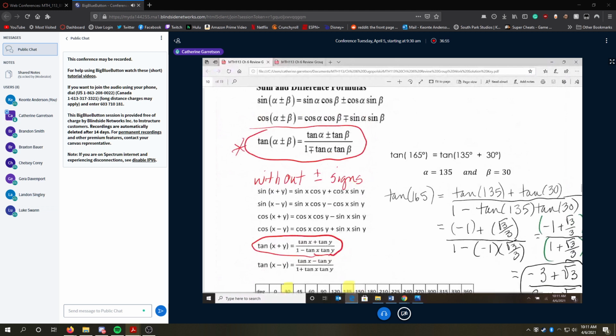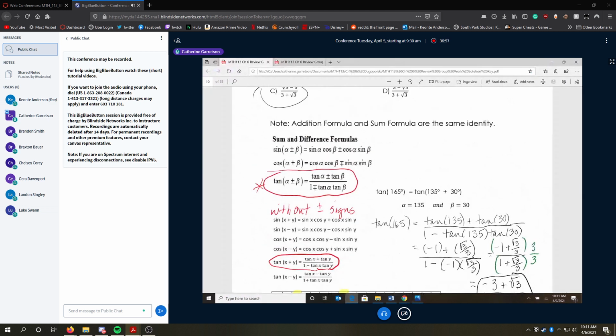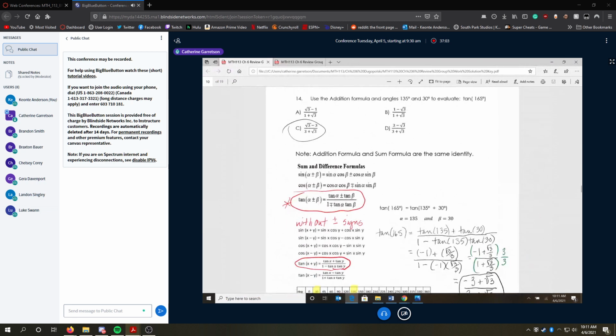All right, so we are going to use the formula with the plus here because we're adding the two angles together like this to be the same as that. So it says that if you're adding, you're going to add here, but you're going to subtract there.